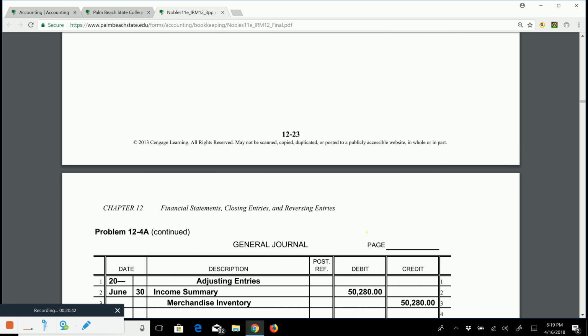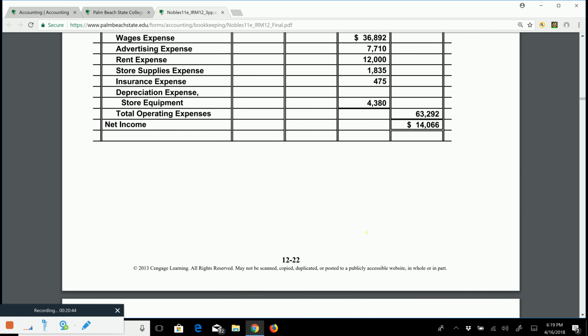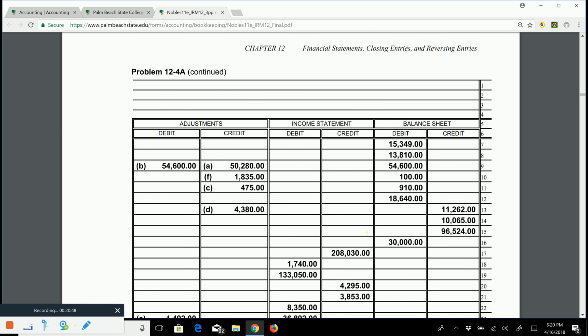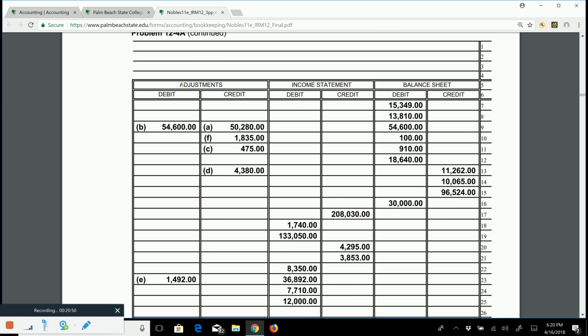All right, so these are the adjusting entries, and I'm going to come all the way back up here. Basically what I just went through, you're going to get the adjustments column. Now, the adjusted balances, well, like I said, if they're an asset, a liability, or an equity, you're going to bring over those adjusted balances in the balance sheet columns.